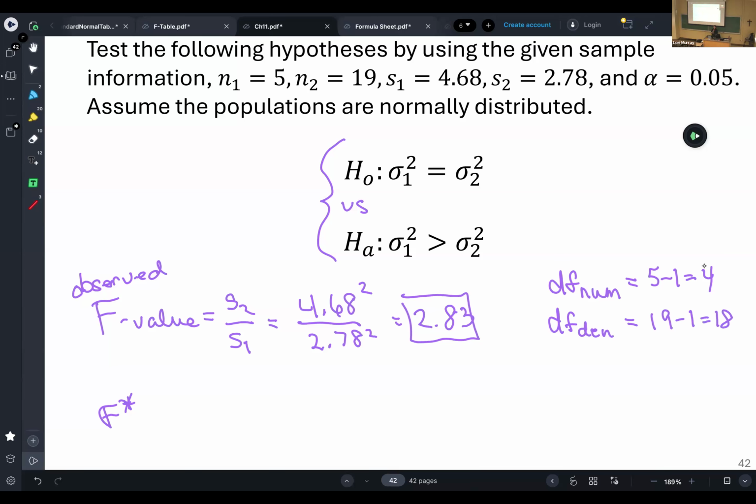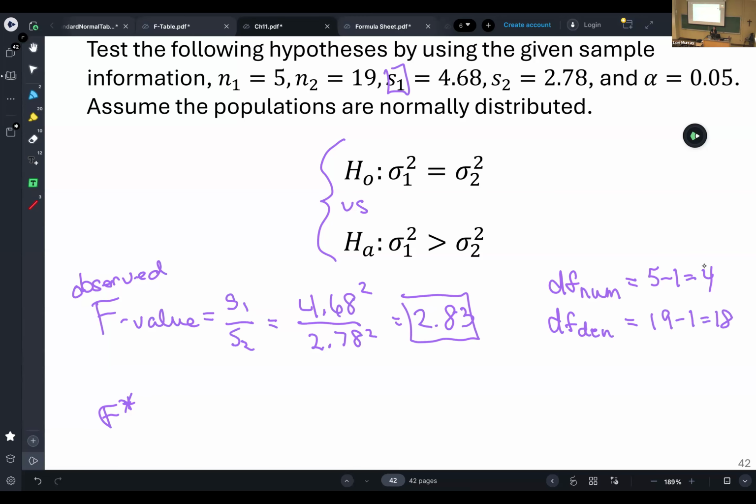Let's make sure we have our method, because it's all in the method, right? 4 goes with population 2, so it's the numerator. It was corresponding to 4.68. And it's population 1. This is why I'm getting myself mixed up, right? This should be 1 and 2, right?